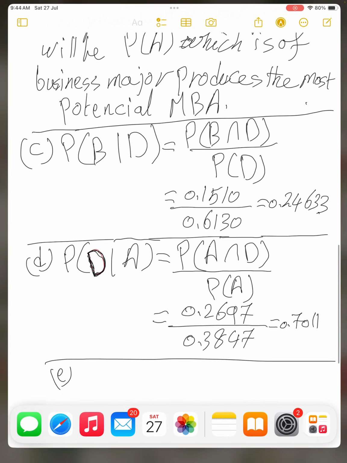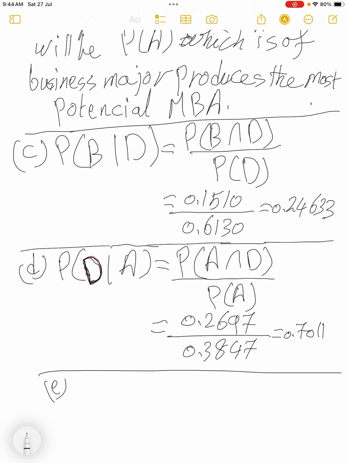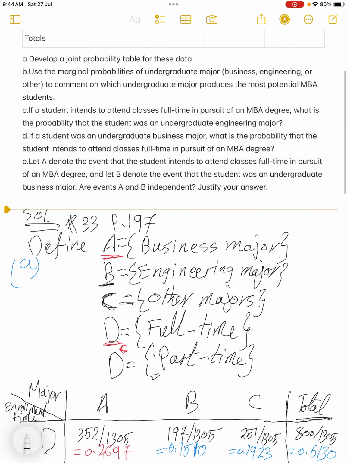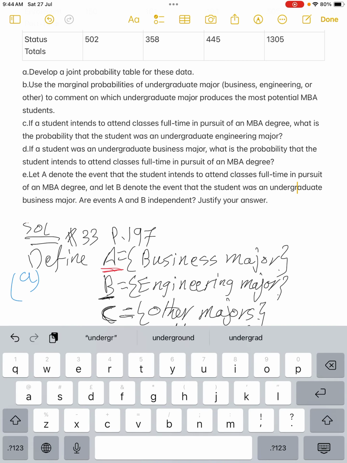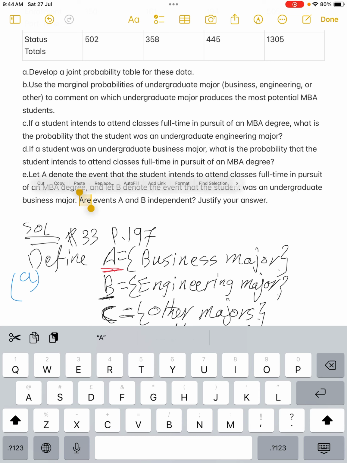Completing the question, we finish part D. Part E: let A denote the event that a student intends to attend the class full time in pursuit of an MBA degree, and B denote the event that a student was an undergraduate business major.